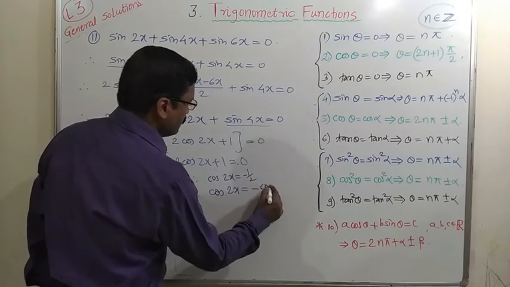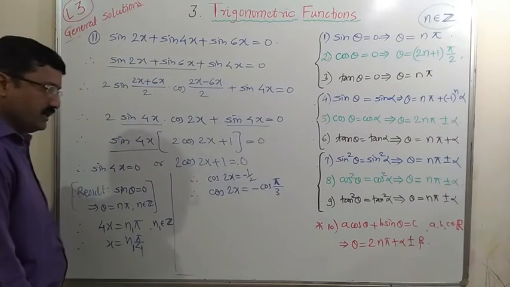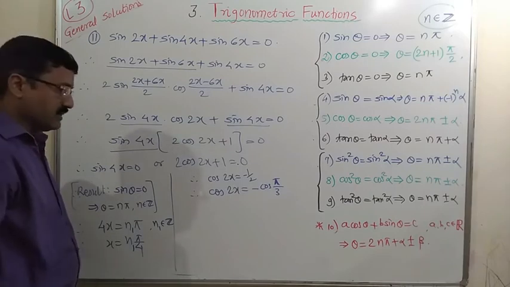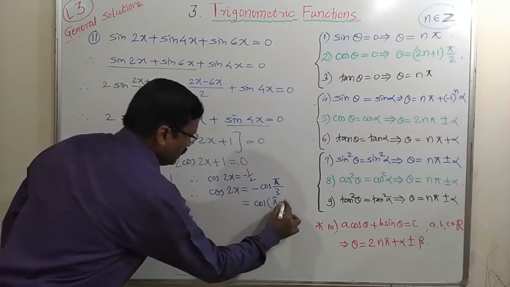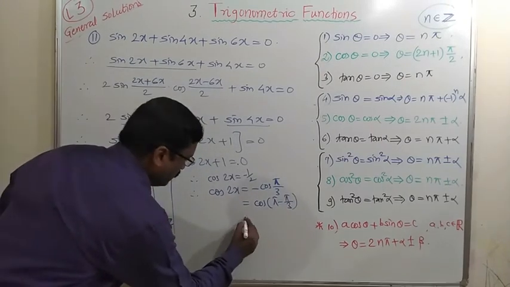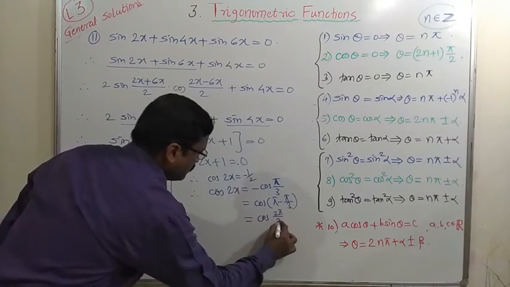It is for cos of pi by 3, that is cos 60 is equal to half. Where cos is negative, it is negative in the second quadrant, so it is equal to cos of pi minus pi by 3. So it is equal to cos of 2 pi by 3.